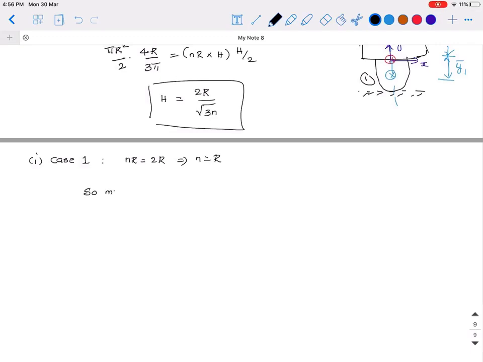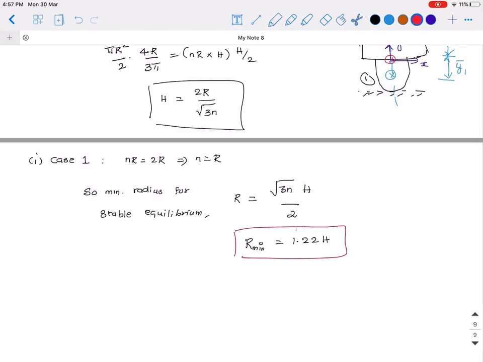So minimum radius for stable equilibrium r is going to be 3n h by 2. So n is equal to 2, you substitute here, you get r minimum is going to be 1.22 times h.